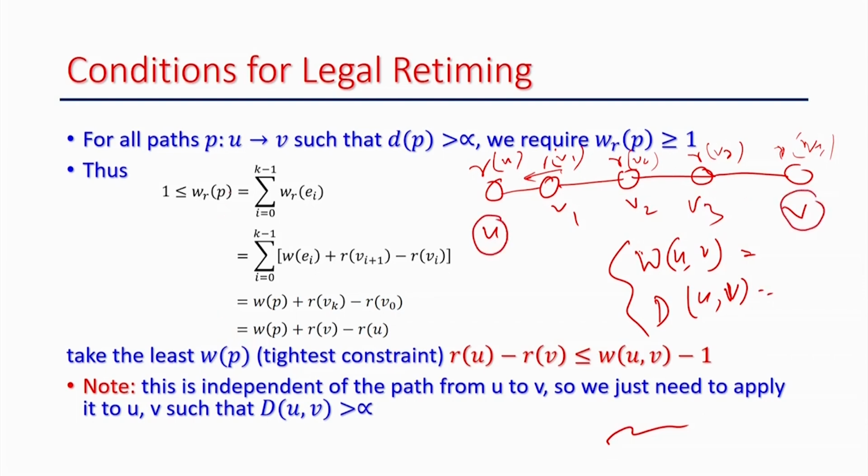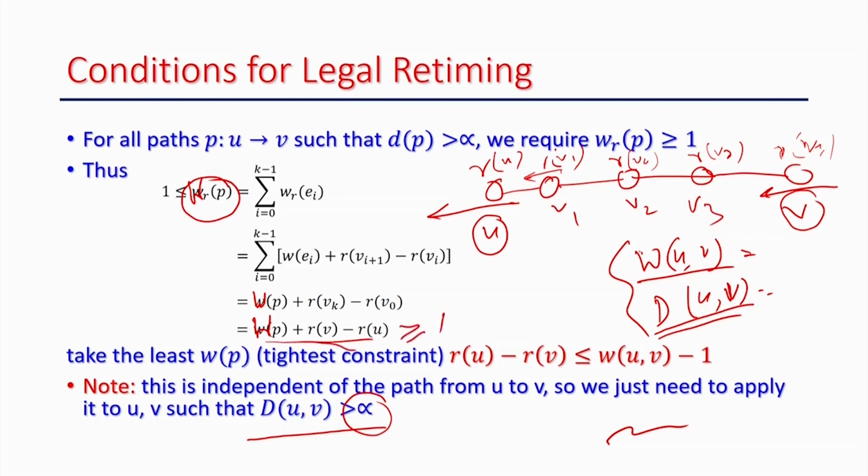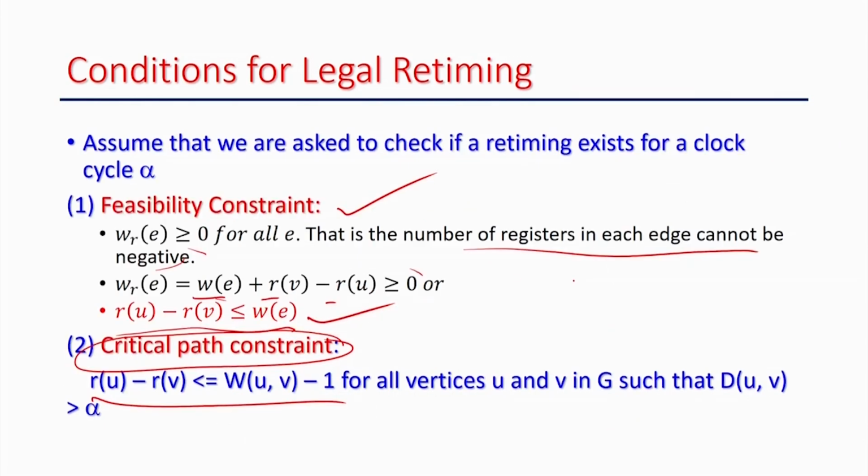So the final value of WRP will be the actual W(U,V) plus the registers coming in and going out, R(V) minus R(U). Since D(U,V) is greater than the target clock period, we need at least one register here to meet the critical path. So we have to see that this value is greater than or equal to 1. If we reshuffle these values, you will get this, which is called the critical path constraint.